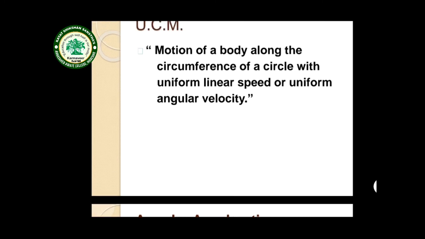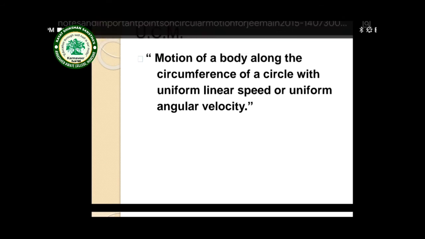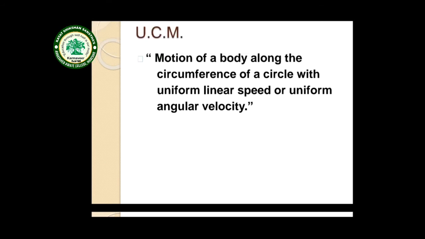If a particle is moving in a circle, it must have some acceleration acting towards the center, which is making it move around the center. Since the acceleration is perpendicular to the velocity of the particle at every instant, it only changes the direction of velocity and not the magnitude, and that's why the motion is uniform circular motion.